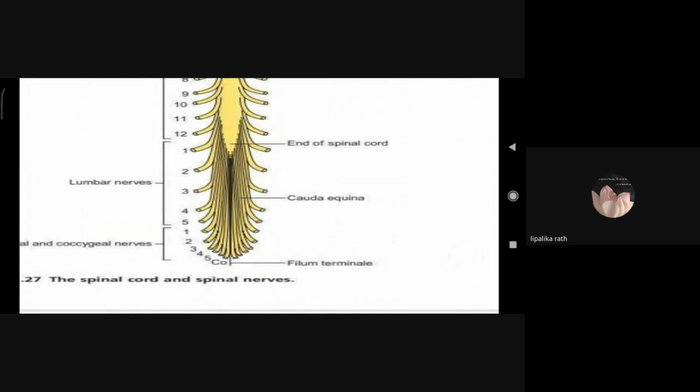This structure is also known as horse tail because the nerves are very closely releasing here at the lumbar region. There is less space between the fused vertebrae, and they appear like a horse tail.